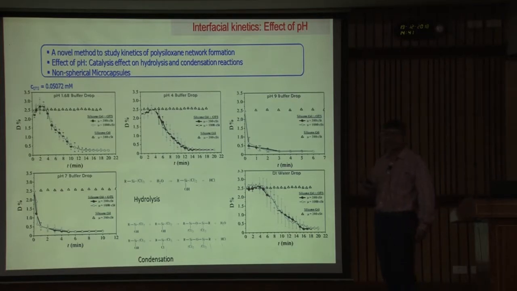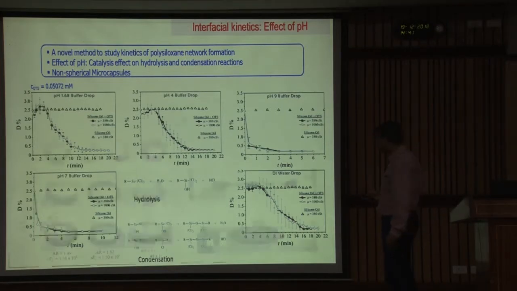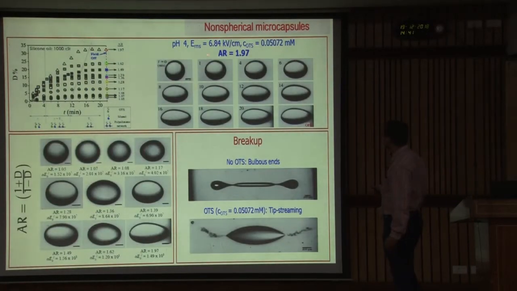We first get the kinetics of any new system which we look at, get the hydrolysis and the condensation steps and so on. But what we could do is take advantage of the fact that the hydrolysis step is slow and make anisotropic or non-spherical spheroidal capsules by simply conducting the synthesis in the presence of an electric field.